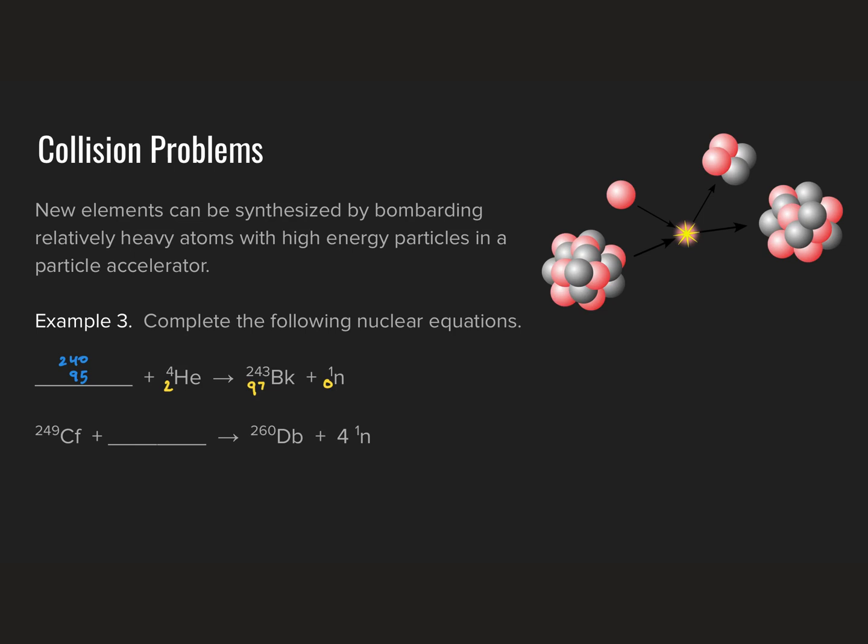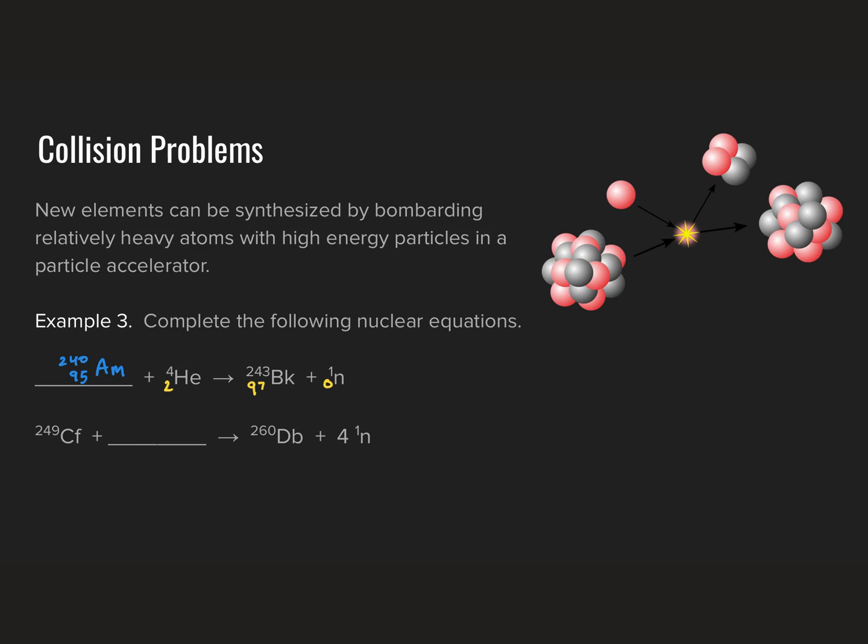So we've got an atomic number there of 95 for our mystery particle. And if we look up on your periodic table, you can find atomic number 95 as americium. So we've got americium with an atomic number of 95 and a mass number there of, again, 240, must have been the particle involved in that collision.